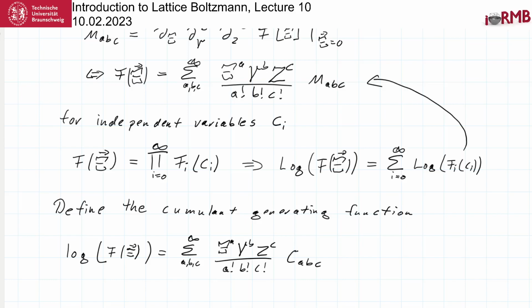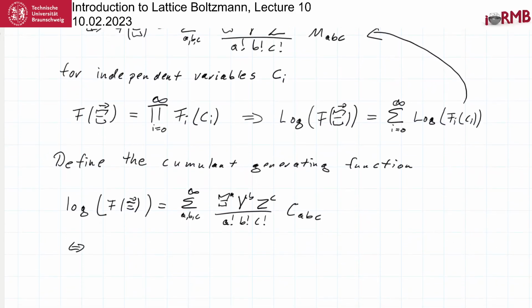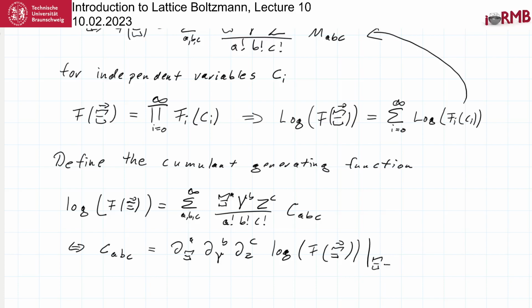So this is a small c, this is a large C. Or we could also write this inversely, because of course we want to compute these guys: kappa_abc is the derivative of the logarithm of the moment generating function, evaluated at zero. So again, taking the Taylor coefficients.